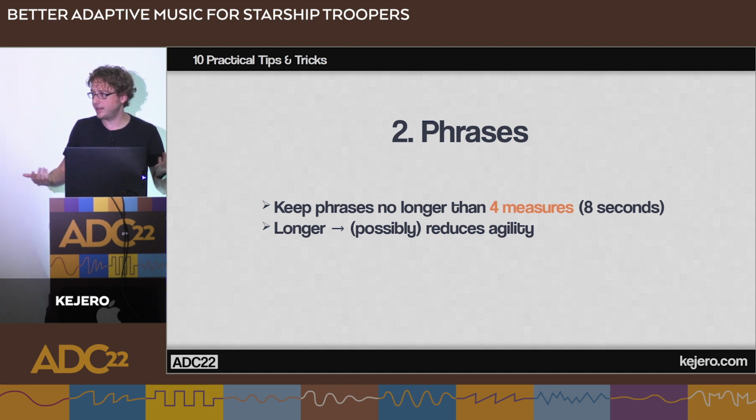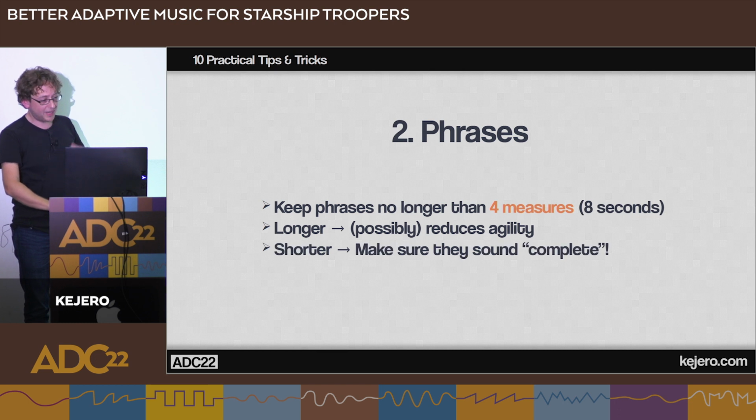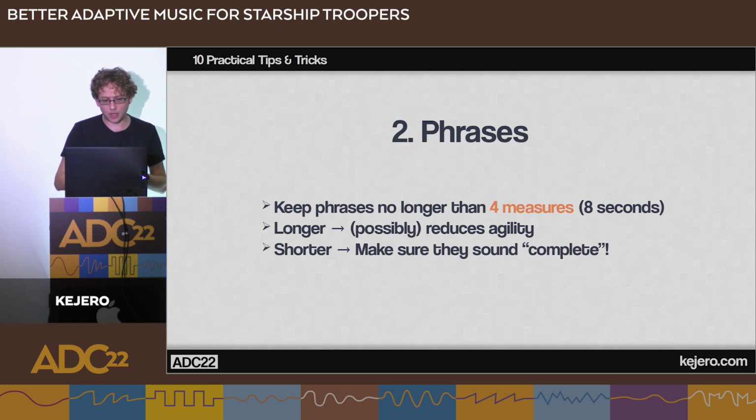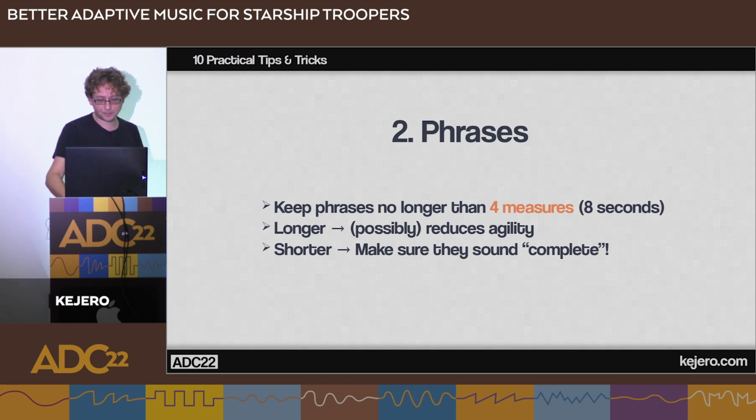It might not find that, and it has to wait till the next measure or the one after that. If you make it shorter, you might risk that the phrase doesn't sound complete. It might sound interrupted, and I generally try to avoid that as well.